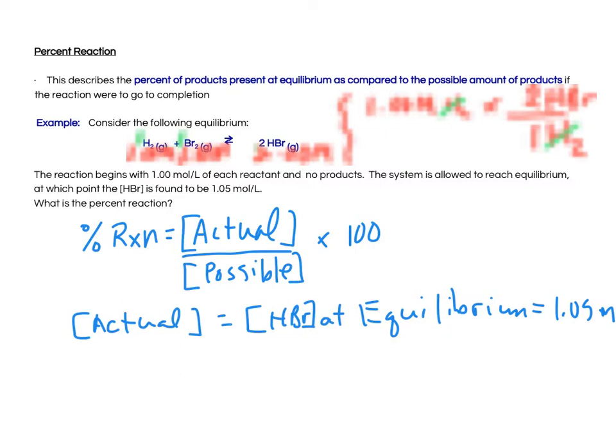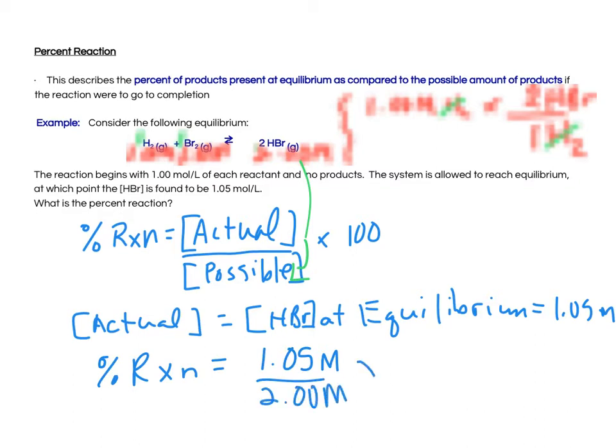So now let's carry on with this question, because now that I know my possible amount, that 2 moles per liter right over here, is my possible amount, my percent reaction is going to be the 1.05 moles per liter that I did produce versus the 2 moles per liter that I could have produced, times 100.